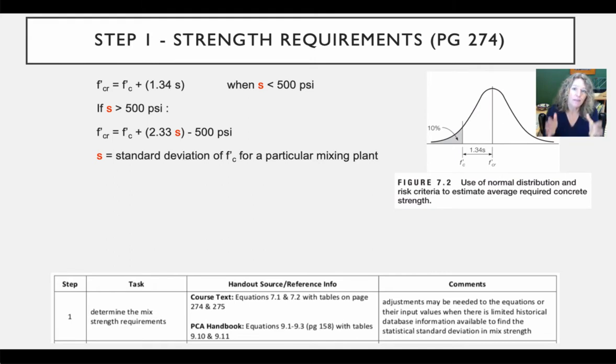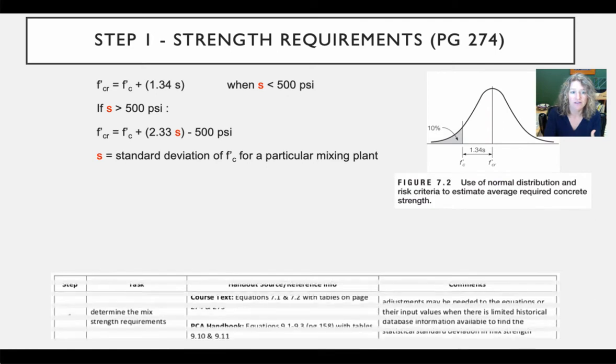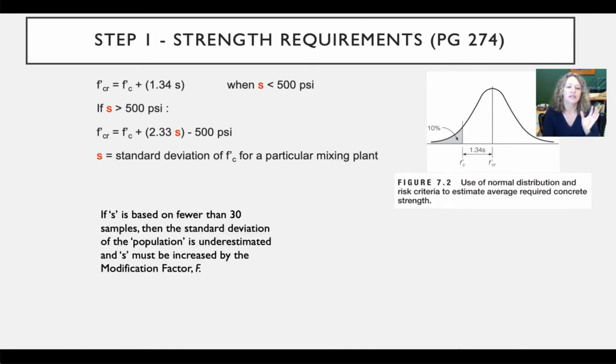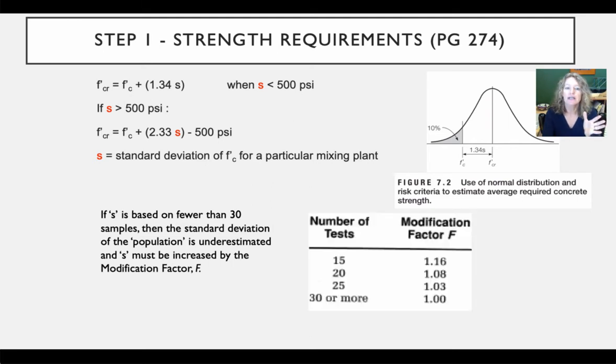The number of batches you make tells you how confident you should feel in always getting to a set number. So if our number of trials isn't very large, we actually have to increase the standard deviation. If S is based on less than 30 samples, then we have to increase the standard deviation. If it's 30 or more, we don't.